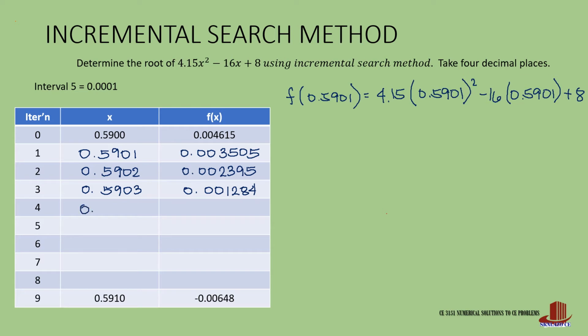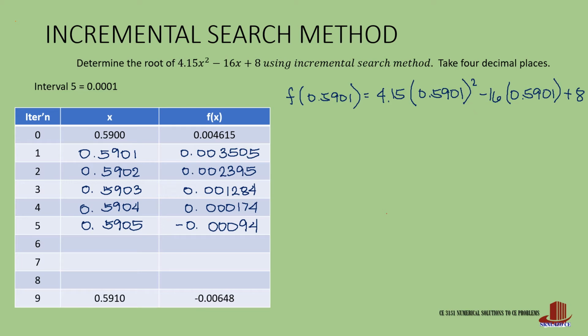How about having one subinterval added to 0.5903? We still have a positive value of 0.000174. So keep going. Take 0.5905. We'd get this time a negative value of 0.00094. Now we can stop our iteration.